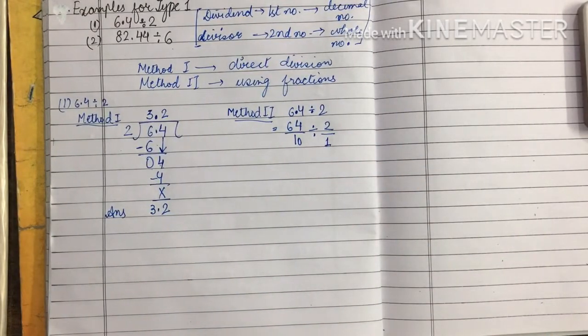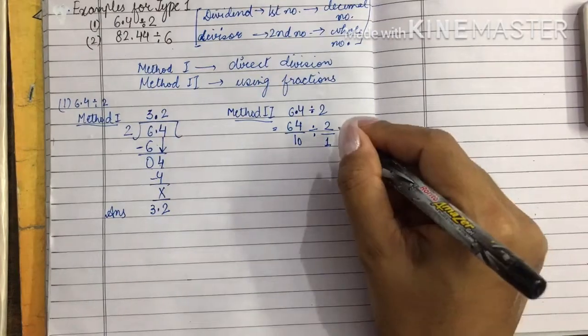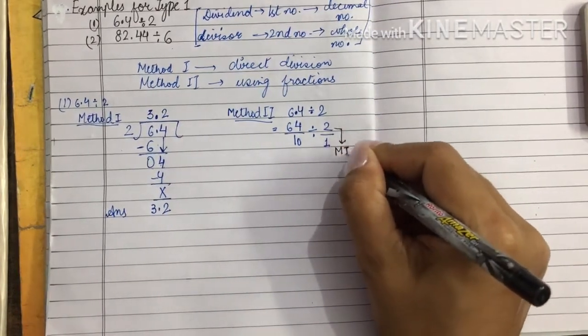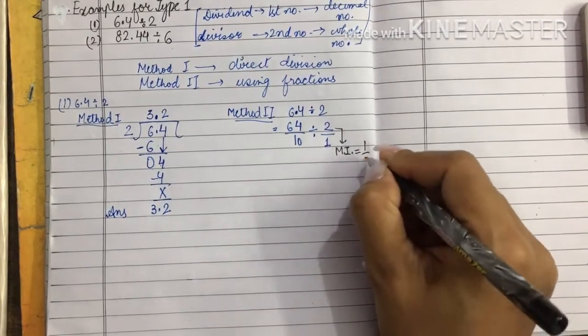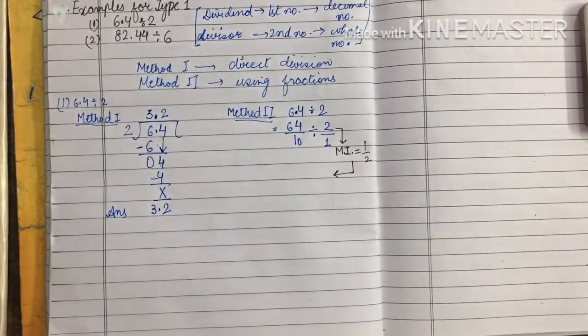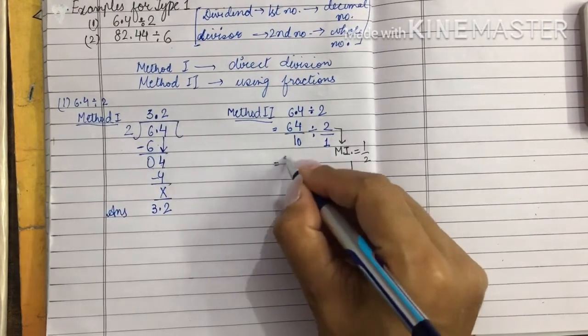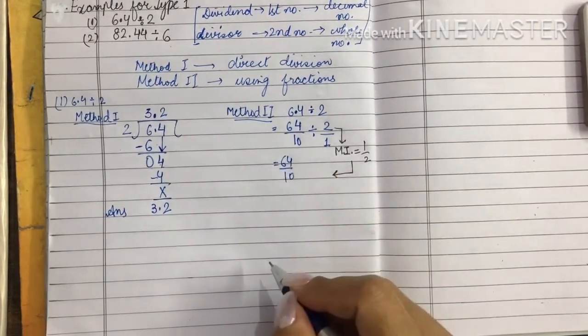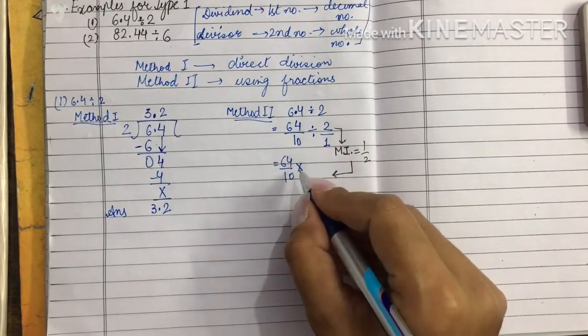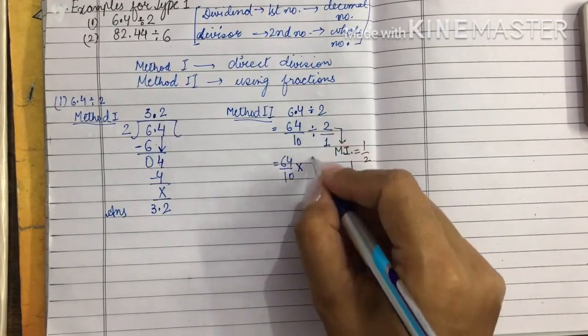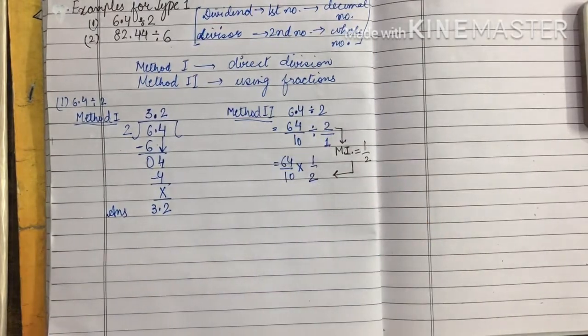Now I hope you remember how we used to divide by fractions. For the second fraction, I want to write down the reciprocal. The reciprocal will be 1 by 2, and I'm going to use the reciprocal here. The first fraction as such, no change. The sign of division changes to multiplication, and at the same time the second fraction is reciprocated.